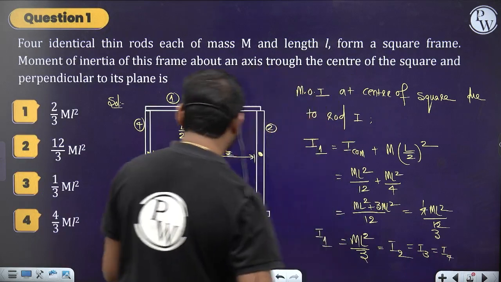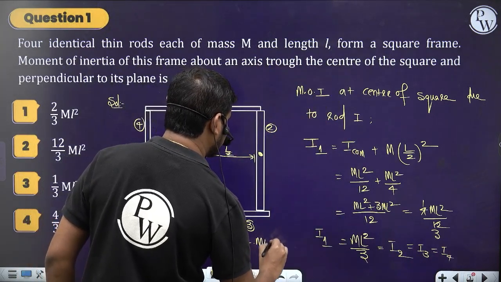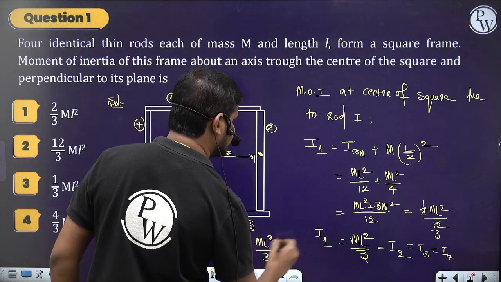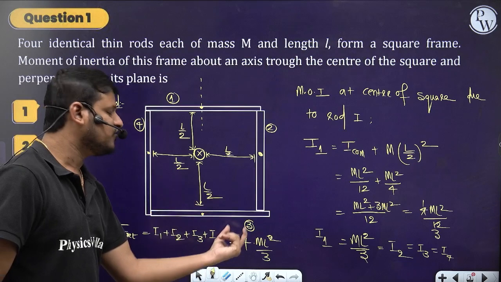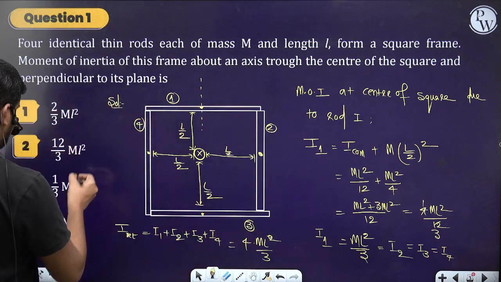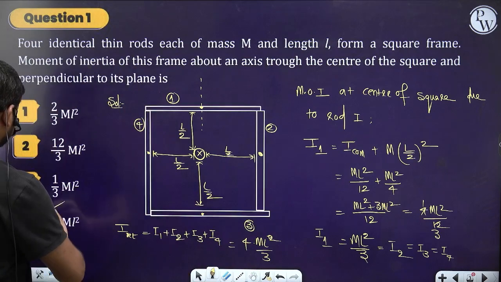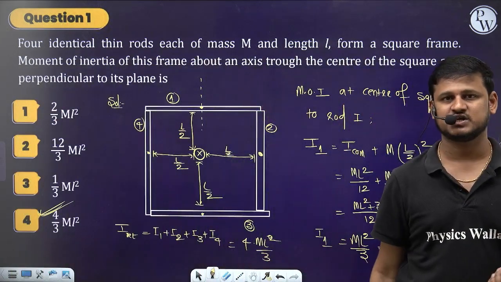Simply if you add all these, we'll get 4 into ml square by 3. Yes or no? So ml square by 3 plus ml square by 3 plus ml square by 3 plus ml square by 3, which is 4 ml square by 3. So the correct option will be 4 ml square by 3, option 4. 4 by 3 ml square is the correct option, guys.